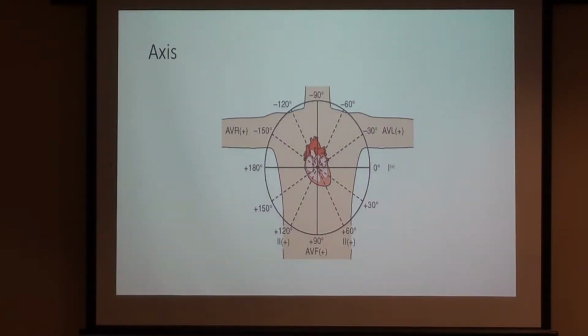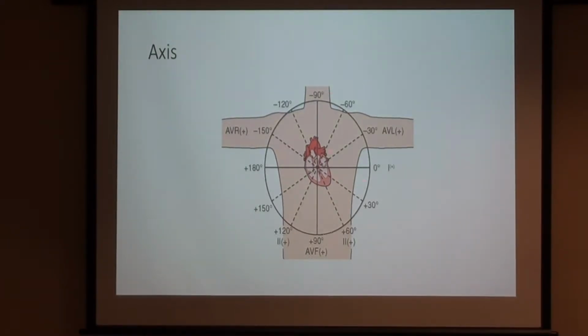So axis is a directionality. Also, axis is only a limb lead phenomenon. It's not a chest lead phenomenon. So you're only looking at the 6 limb leads to decide what the axis of the QRS is. Now there is such a thing as a P-wave axis and such a thing as a T-wave axis, but for the most part it is a QRS axis that you're after.